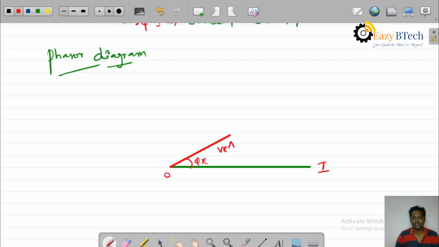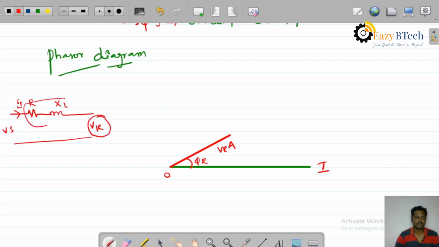For ease of analysis, this is VR. Now Vs equals VR plus the drop in the transmission line. The current flowing through the resistance is I, therefore there is an I into R drop, which is in phase with the current.